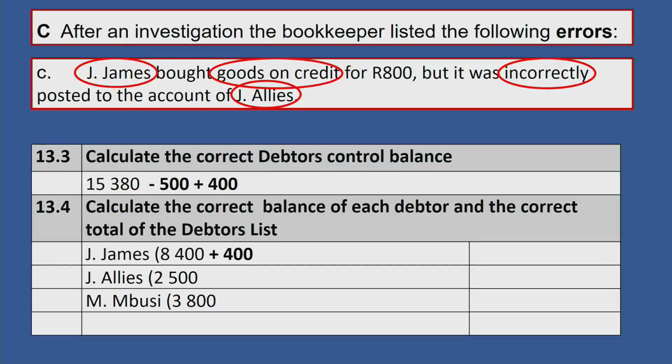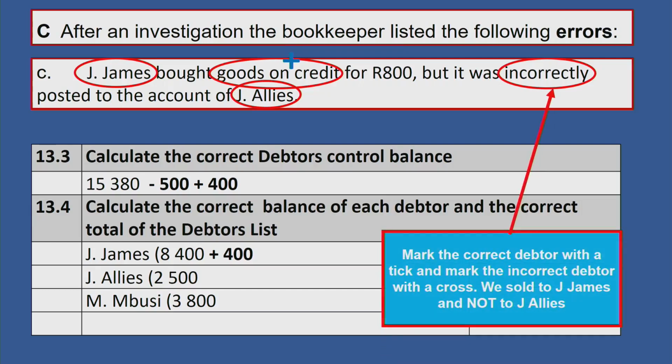Okay, circle James. Circle goods on credit, and there's the plus, because if somebody buys from me on credit, he owes me more. But it's the wrong person. What are you going to do? You're going to tick the correct one. There's the green tick for James, and you're going to cross by Alice.